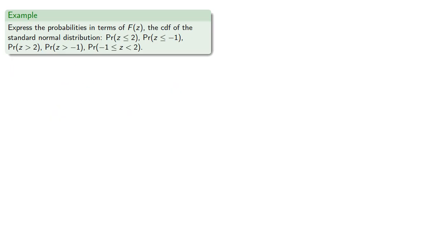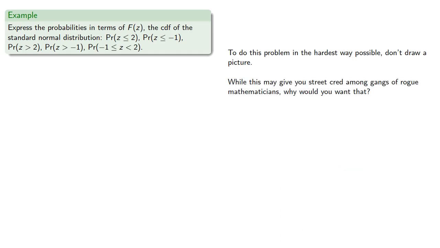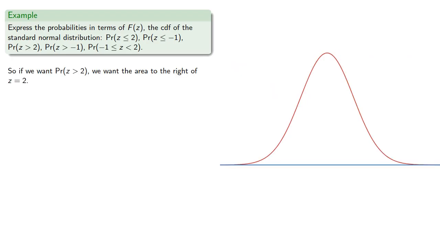How about the others? In general, to do problems like this in the hardest way possible, don't draw a picture. While this may give you street cred among gangs of rogue mathematicians, why would you want that? Draw the picture. So, if we want the probability that Z is greater than 2, we want the area to the right of Z equals 2.